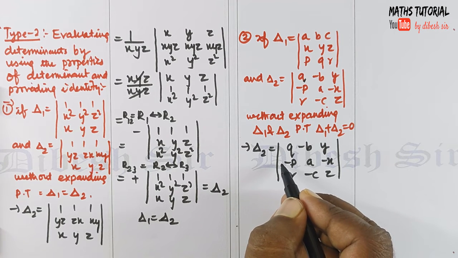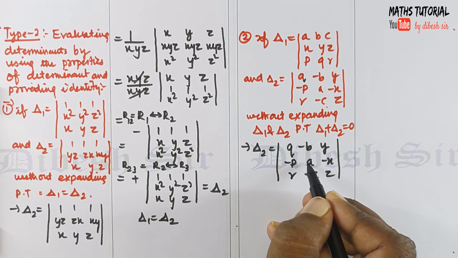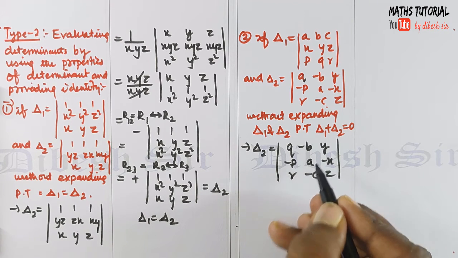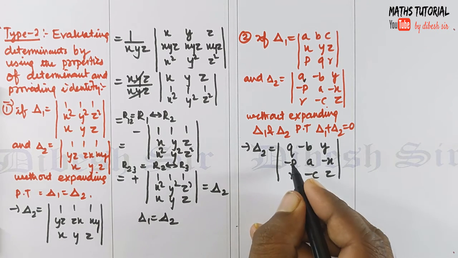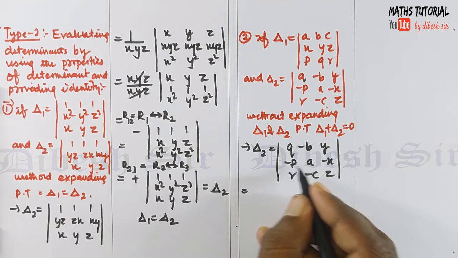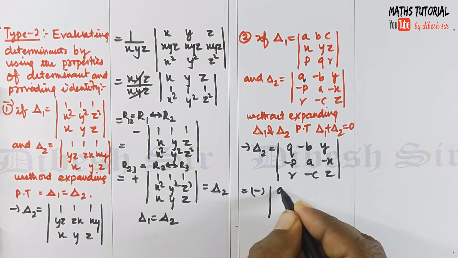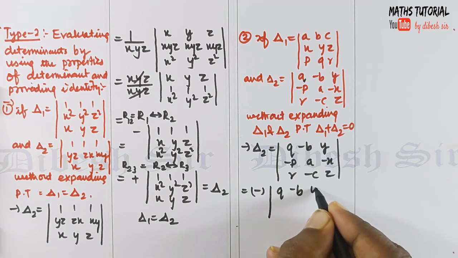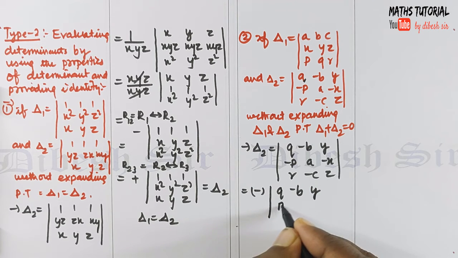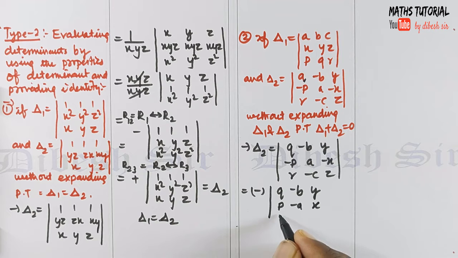Now if you take minus common from the second row, you'll get q minus b y, this becomes p minus a x, and r minus c z.